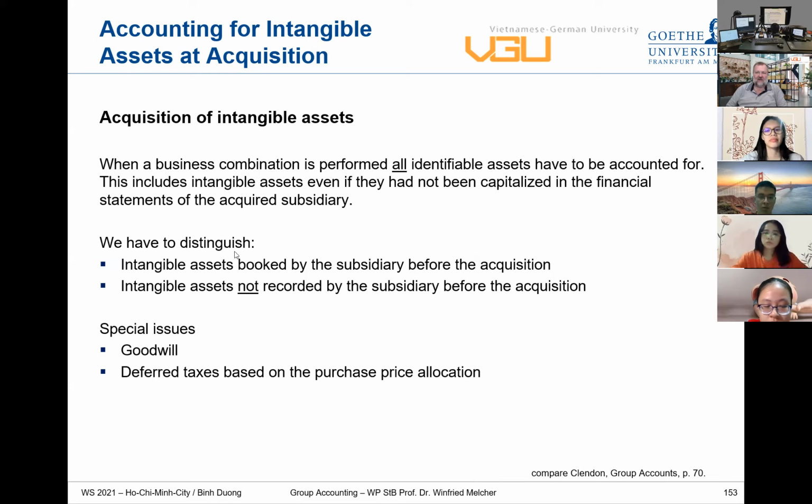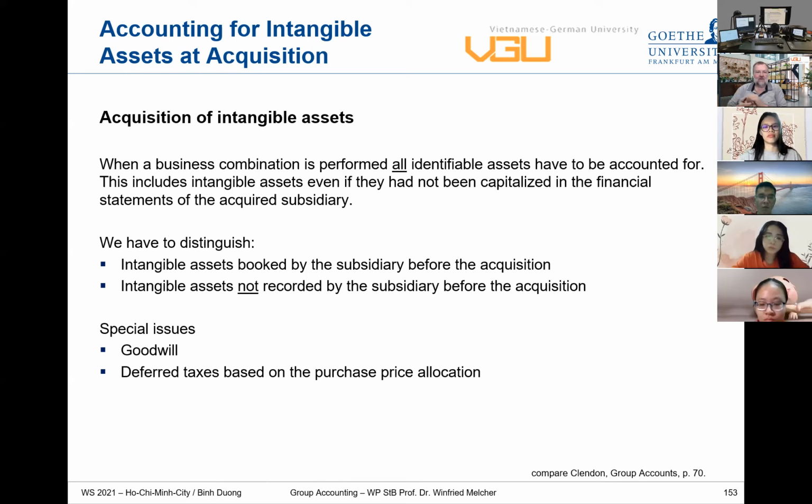So we have to distinguish between intangible assets booked by the subsidiary before the acquisition. That's easy. We can see there is something sitting in the intangible asset section, at least in the books. And then we can revalue that item to fair value.